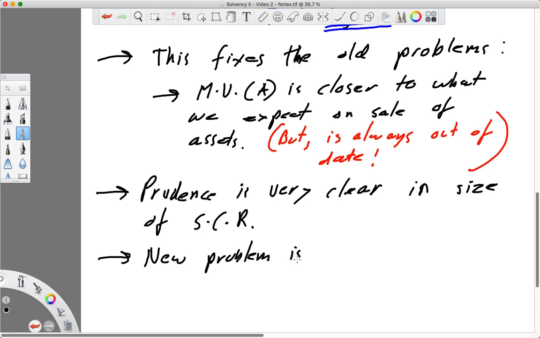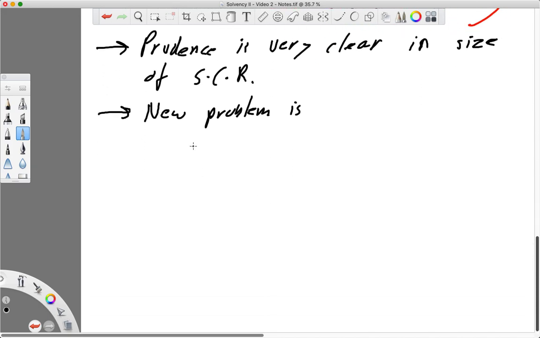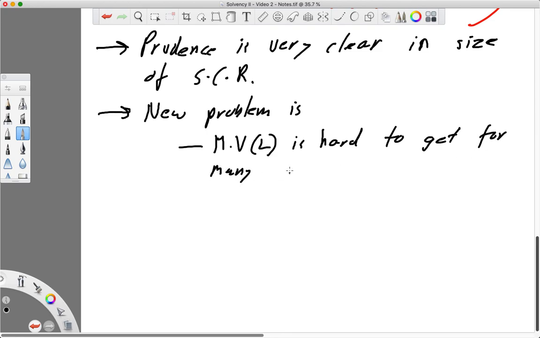New problem is market value of liabilities is hard to get for many liabilities.